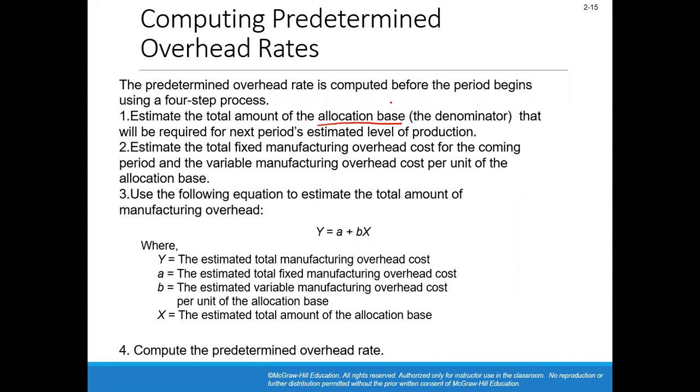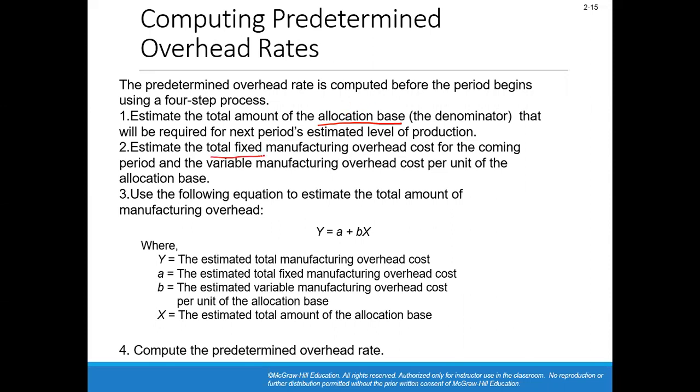And remember, this allocation base is common to all products your company is manufacturing. It's not like it is required for manufacturing some types of product and not required for other types of products. You have to determine the denominator.